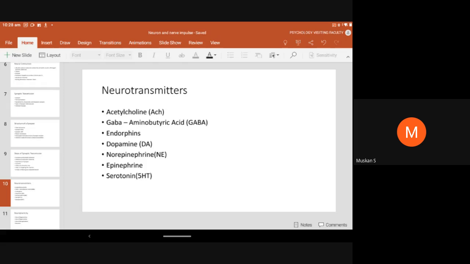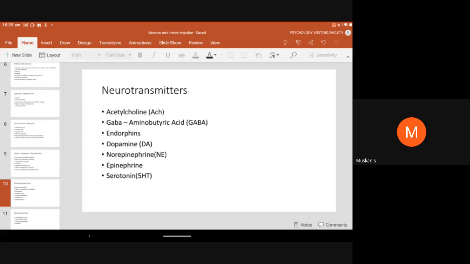And the next one is the DA. So this DA or dopamine is released, and it may cause schizophrenia, one of the most well-known psychotic disorders that you may know. And this dopamine may have both the excitatory and the inhibitory effect depending on the synapse being affected.